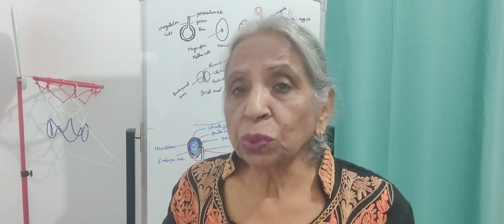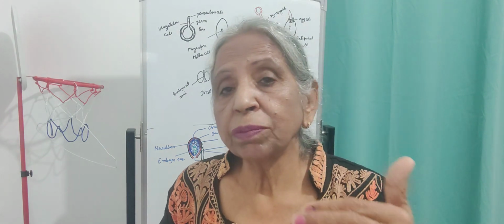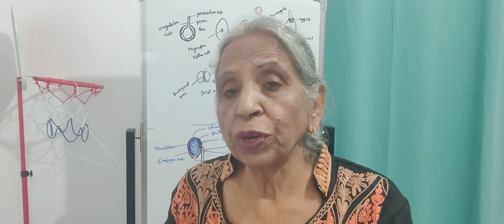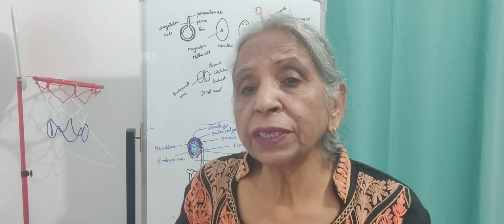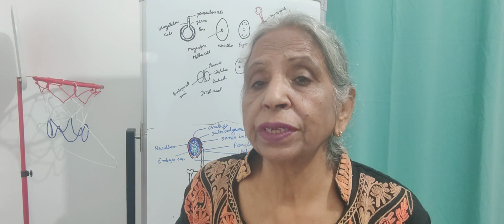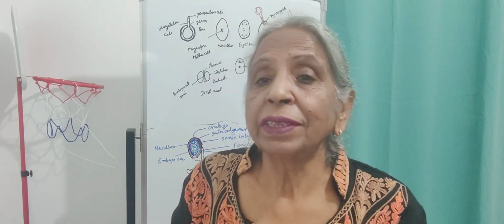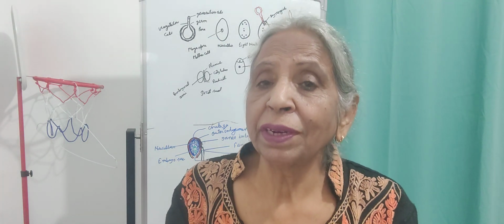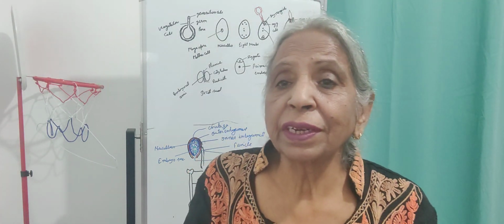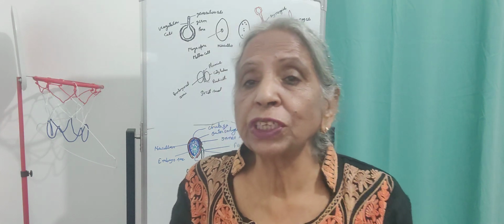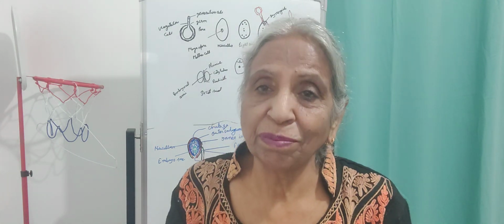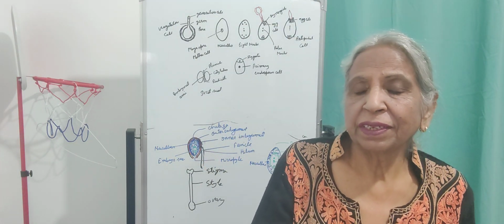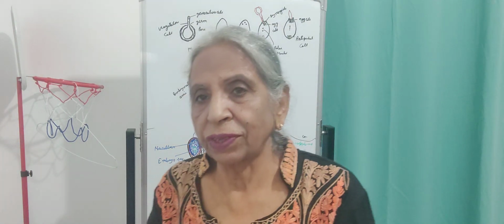The growth of the pollen tube, then movement of the pollen tube inside the ovary, ovule, then through the synergid into the egg, and fertilization and double fertilization, that is called pollen-pistil interaction. It will only happen if there is compatibility between the pollen grain and the pistil. This is all about pollen-pistil interaction.